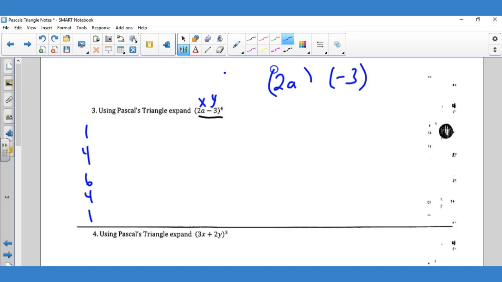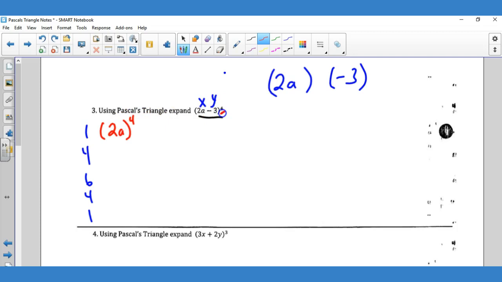So what I do is I take these and apply my exponent in descending order to each one of these. Right here, I'm going to go to 2a, and I'm going to raise that to the fourth. Now I know somebody's going, why are you starting with the fourth?